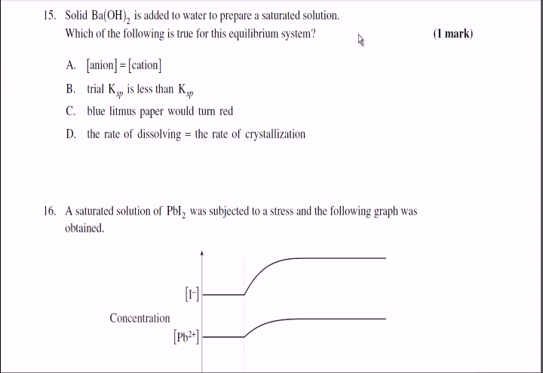So let's write a quick little equation right here. Barium hydroxide, Ba(OH)2, is added to water, and it dissolves in the water and forms an equilibrium and makes barium ion and hydroxide ion.